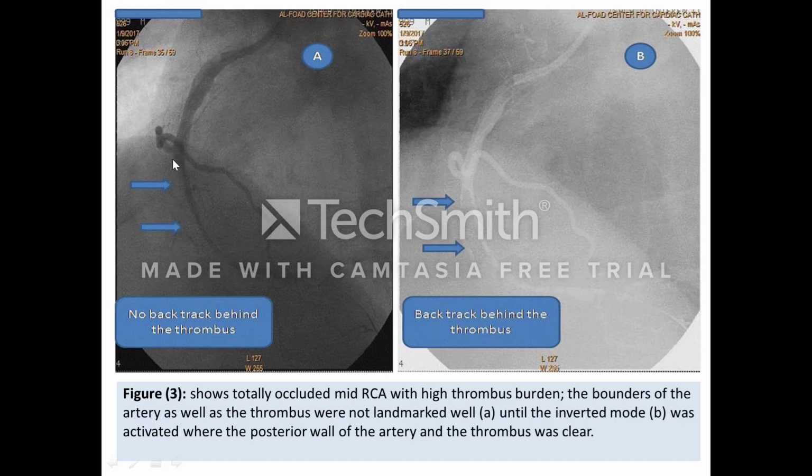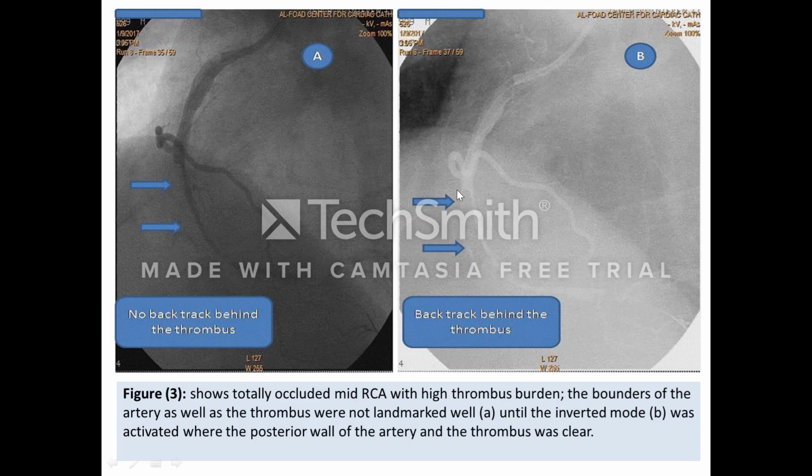This is the right coronary artery, as we see. There is a mid occlusion, and it was unclear. There is a thrombus, but the delineation of its boundaries is unclear. So when I shifted to the inverted grayscale, you see this is the anterior boundary of the thrombus, and there is a small pathway behind the thrombus.